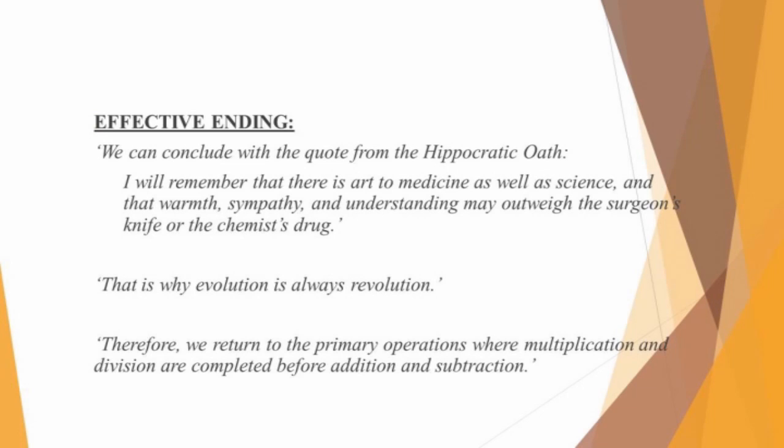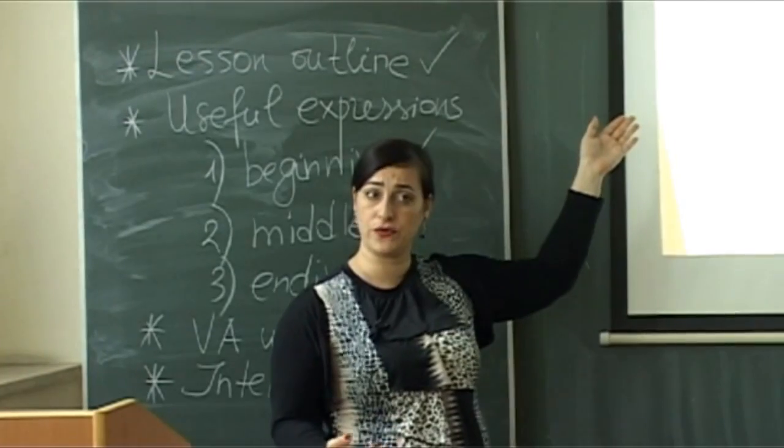Finally, we can have an effective ending of our lecture. How? Well, by maybe telling a joke, by giving some sort of a quotation, like the one illustrated here from the Hippocratic Oath.